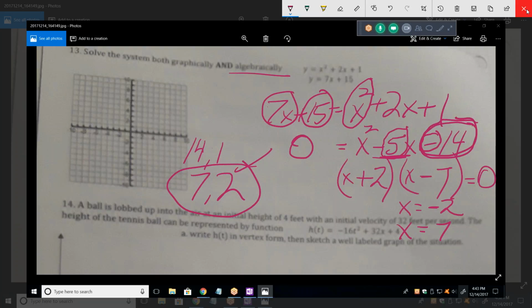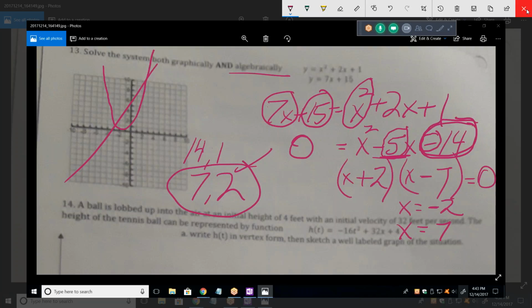In other words, our solution set is going to look something like this.